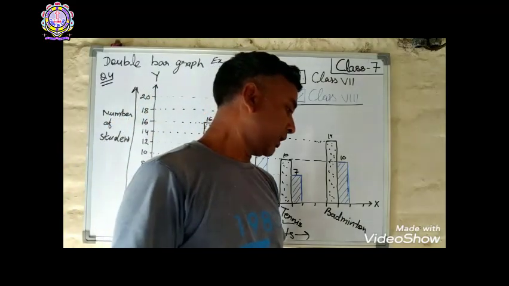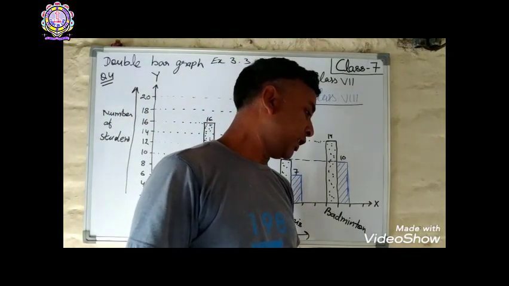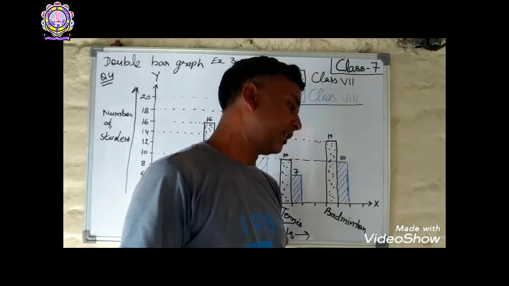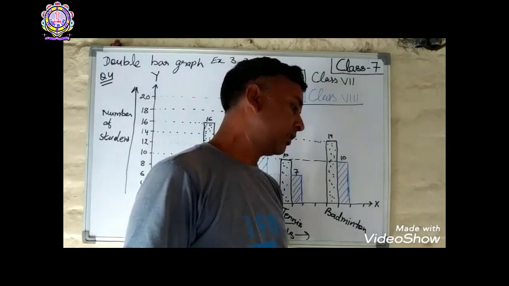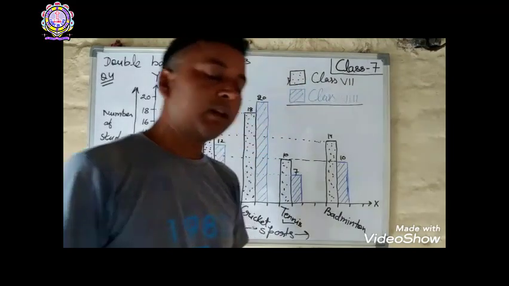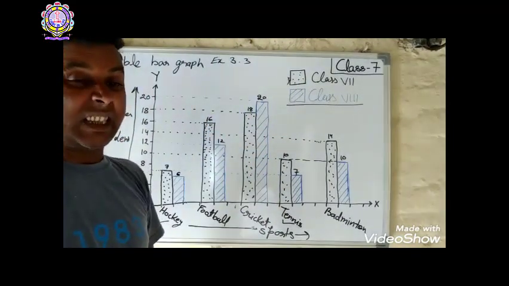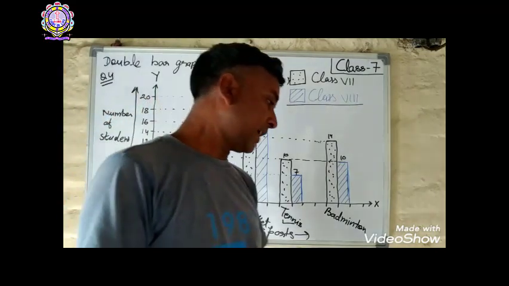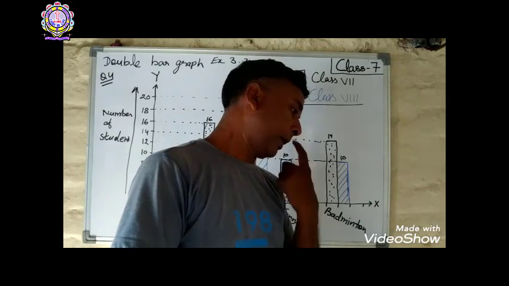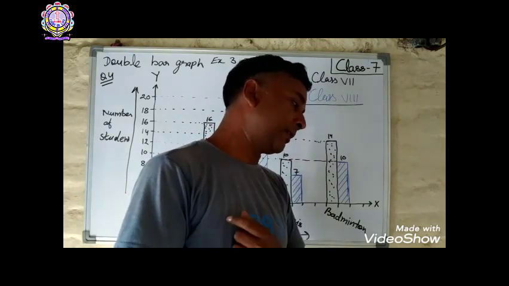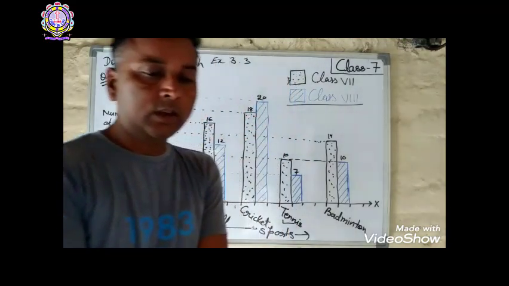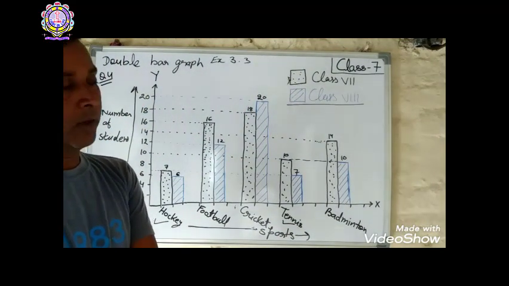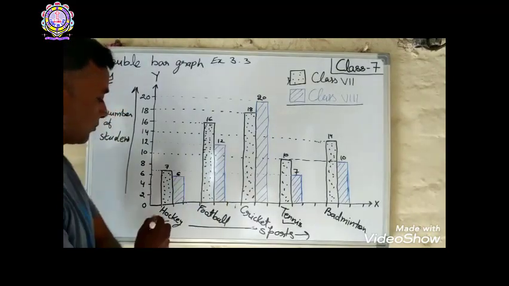Okay. E part. For how many sports are students of class 8 less than class 7th? That is, in which games are the students less than class 7th. So that is 4 sports. Number 1, hockey.